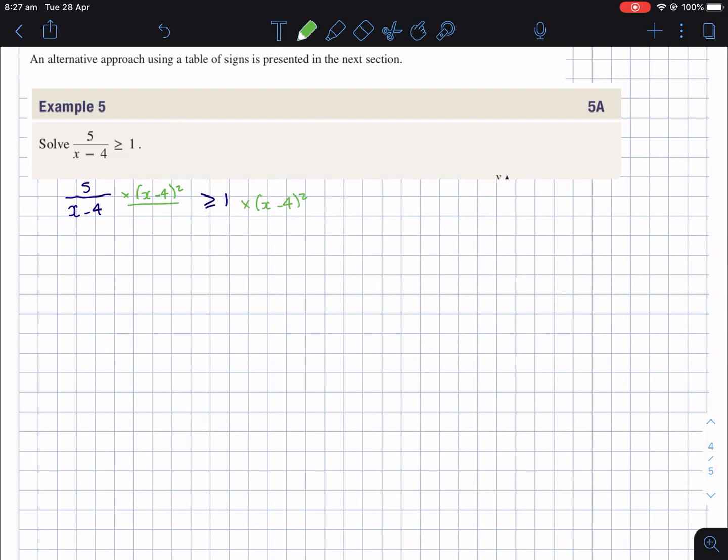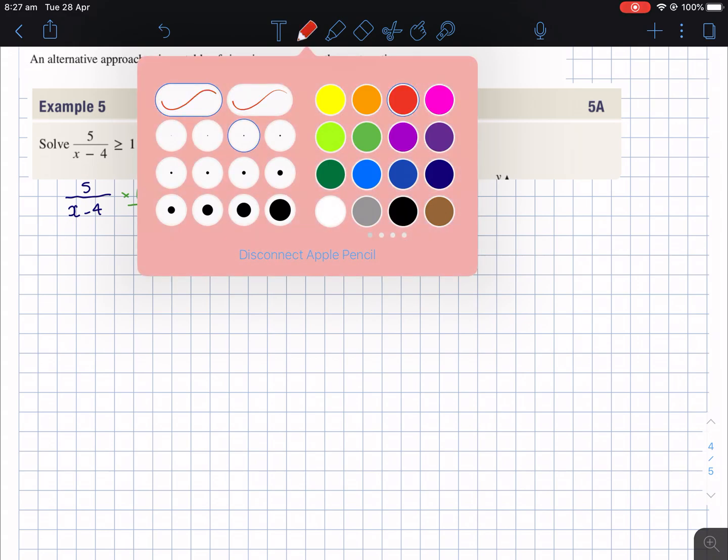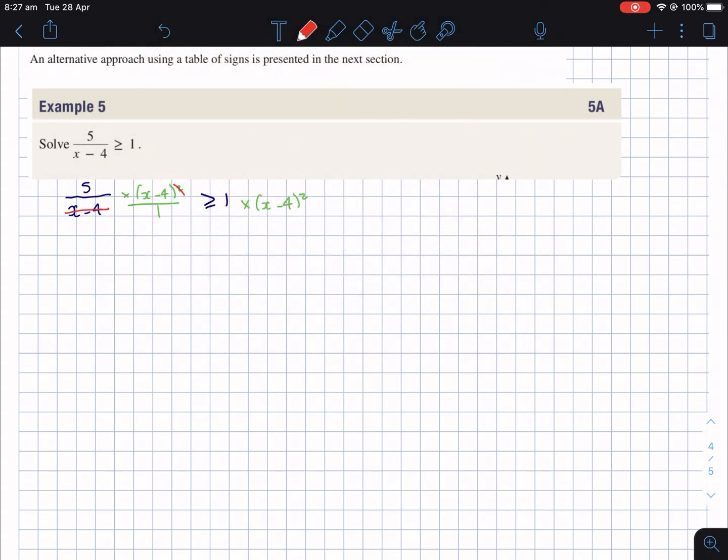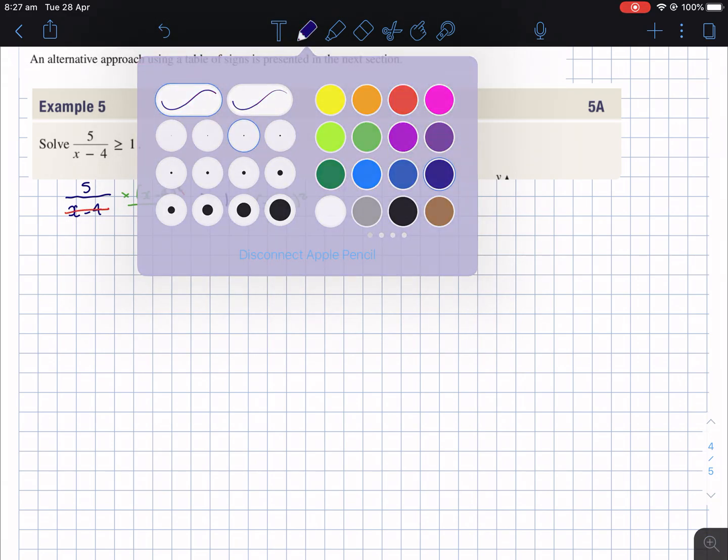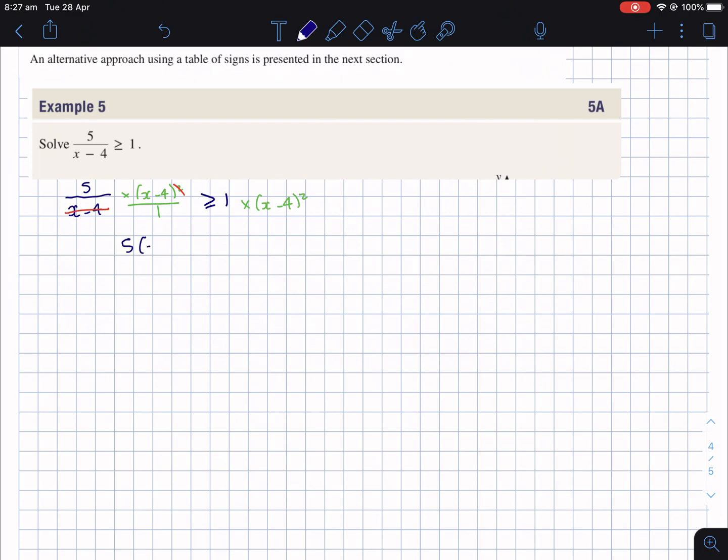And that's over 1, yeah? Because then this cancels out with one of these. So I get 5 times x take 4 is greater than or equal to, well, 1 times x take 4 squared. Now I'm going to expand both sides.